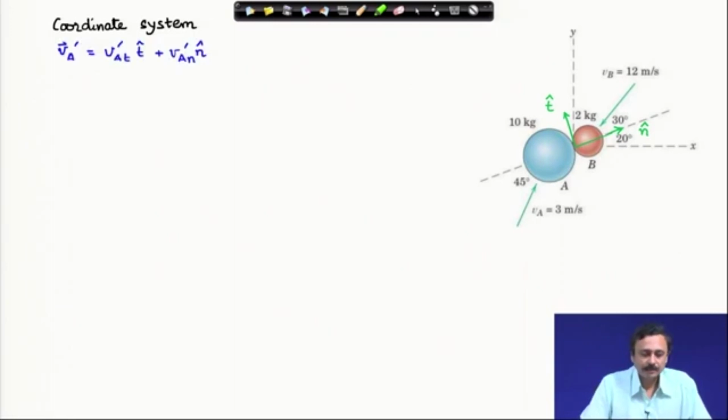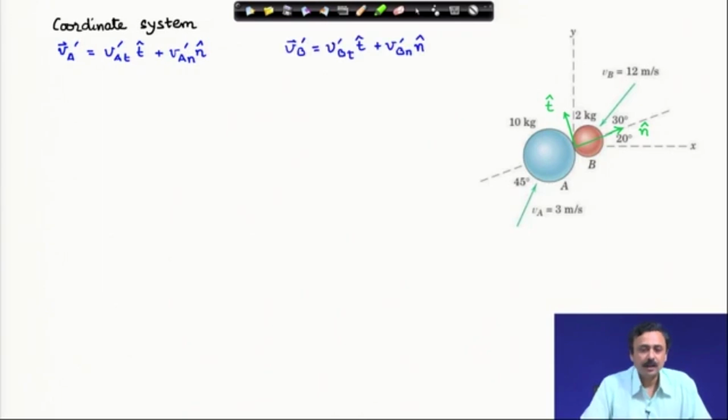Now, I can write V A prime. I indicate the velocity of A after impact as V A prime. In the coordinate system we have chosen, using n cap and t cap, I am going to express everything: V A tangential prime t cap plus V A normal prime n cap.